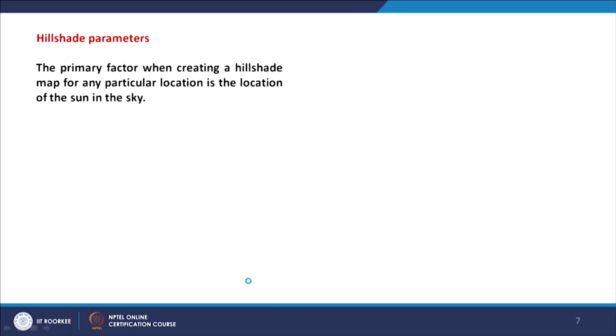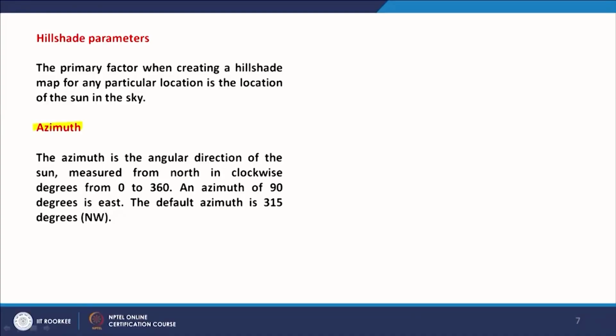Now, hill shade parameters. The primary factor when creating a hill shade for any particular location is the location of the sun in the sky, and two parameters come in: one is azimuth, another one is elevation. Both are in angles, or in degrees.